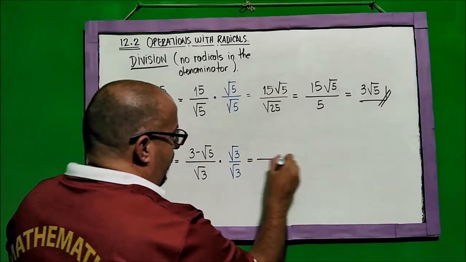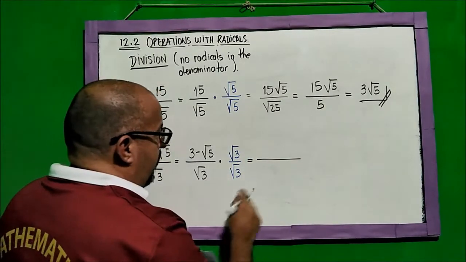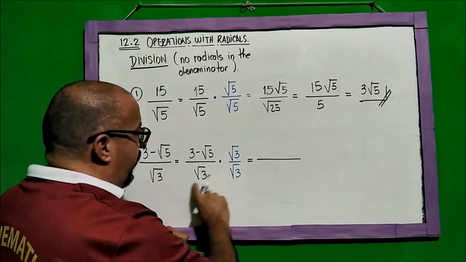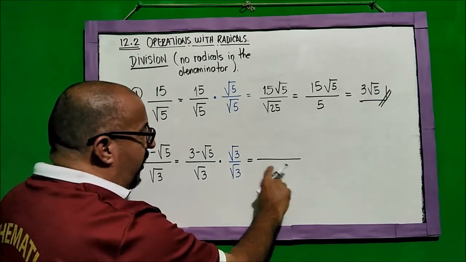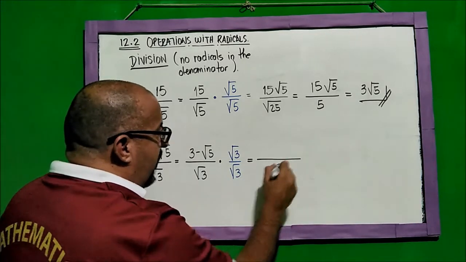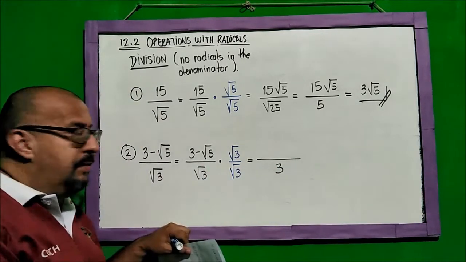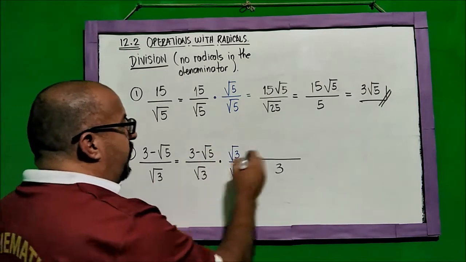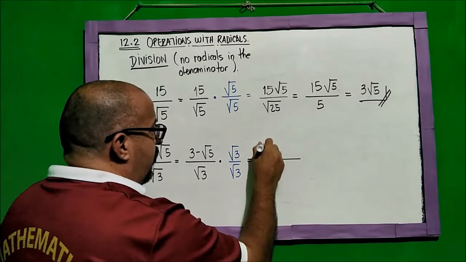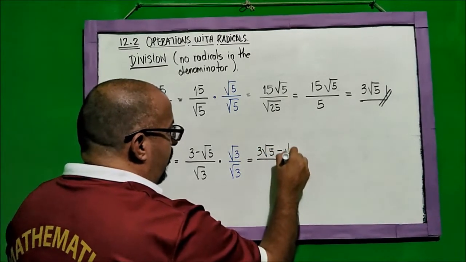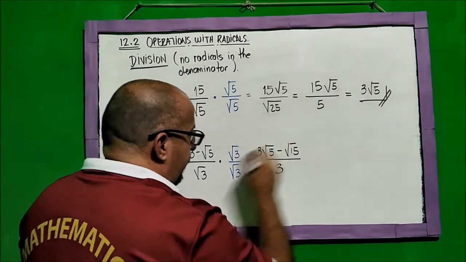So what do we have in here now? On the bottom, I'm going to omit the step of writing the square root of 9, and directly write 3 because I know that the roots are going to get cancelled. Now on the numerator, I will apply my distributive property. So what I'm going to have is 3 square root of 5 minus the square root of 15.